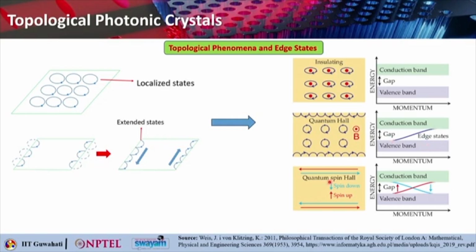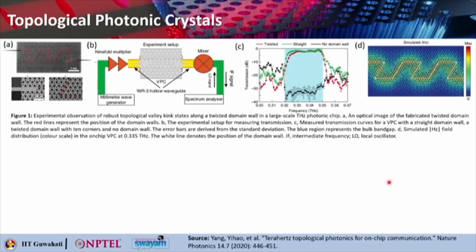For spin up, you can consider this as the direction of propagation, for which this is the edge state. The red color shows you that, and if you go for the spin down, then this is the direction of propagation and this will be your edge state in the energy band diagram.